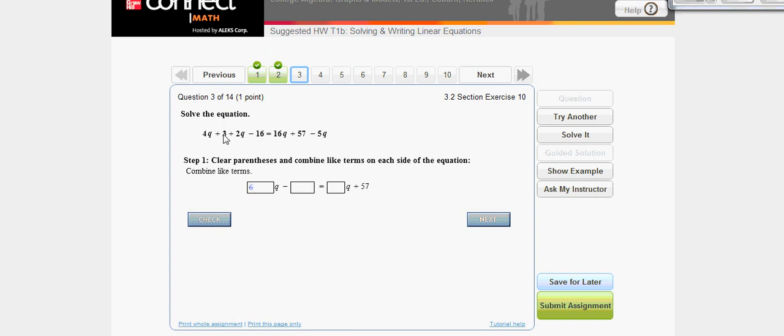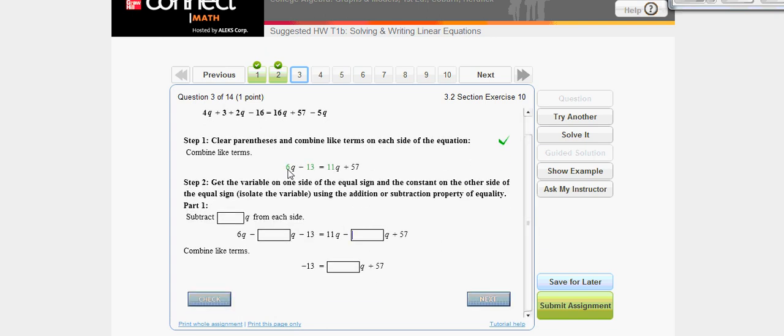I have a +3 and a -16, so that gives me -13. On the right-hand side I have 16 take away 5, that's 11. And now I can check. What I want you to key in on here, and I'll make a mistake on the next one on purpose, is you see how that's green? That shows me that all 3 of the solutions I entered are correct.